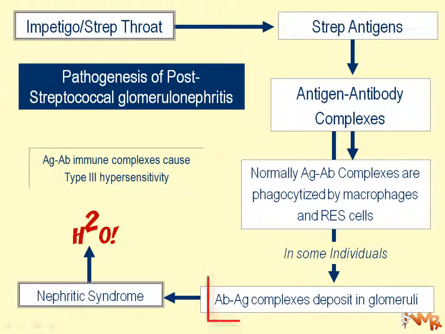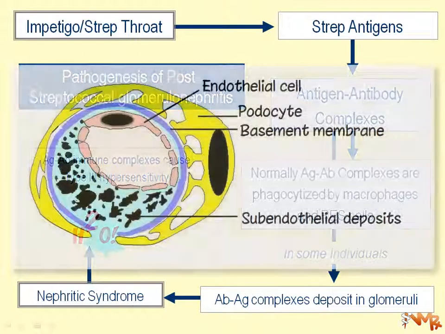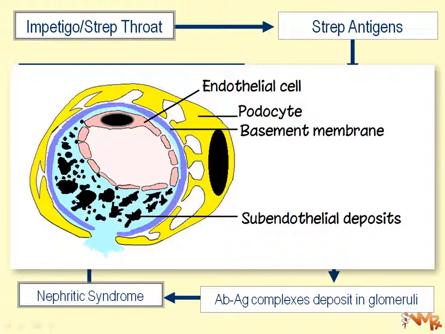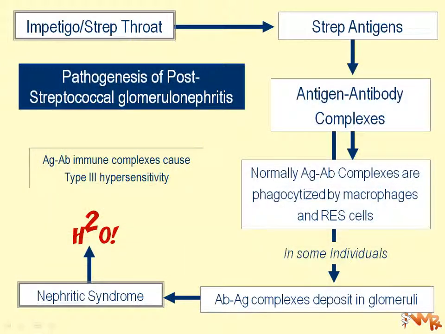However, in some unlucky children, these complexes travel via blood and they get deposited into the glomeruli, as I have covered this in details for you in the renal pathology. Quite often they are deposited in subendothelial positions, but sometimes they may get deposited in subepithelial positions. And this is where they're going to activate the complements, and they cause damages, and they cause nephritic syndrome.